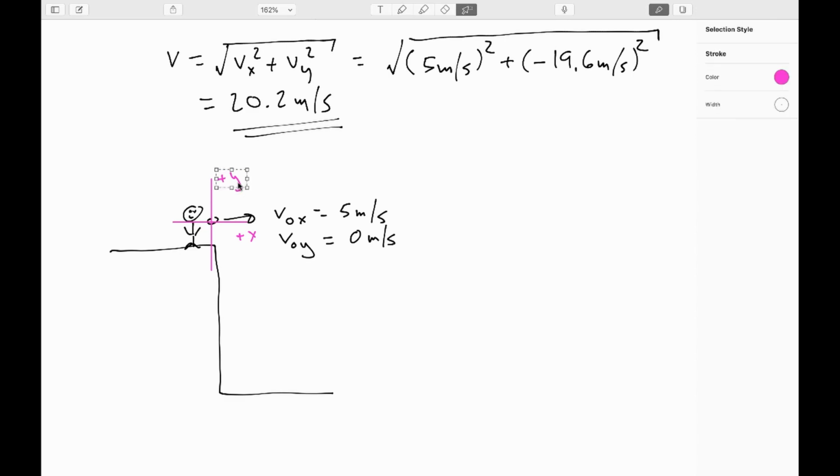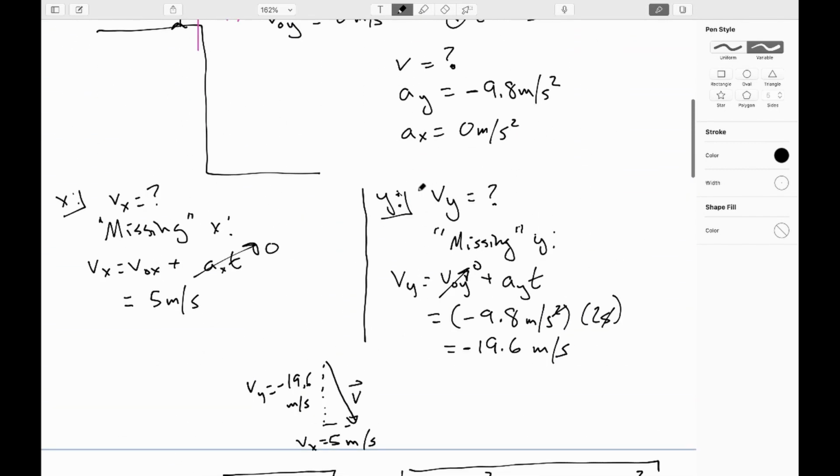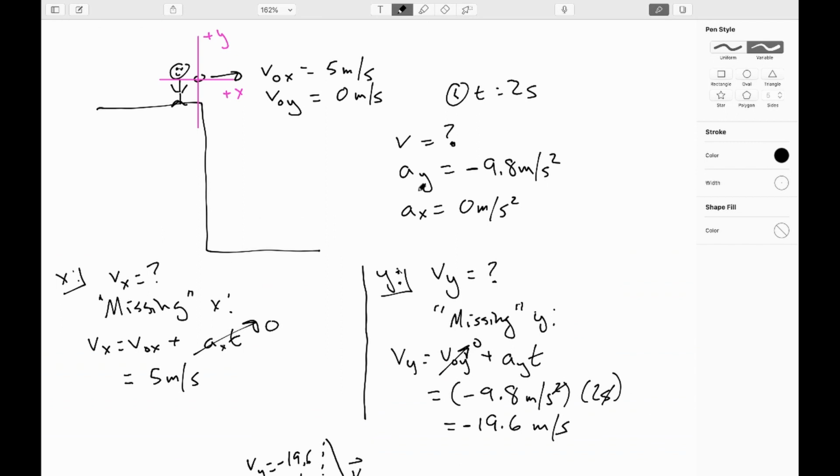Well, if I make down positive, so let me just move my plus y down there, it has the advantage of making the acceleration positive. So that information was all the same. Let me copy through here.